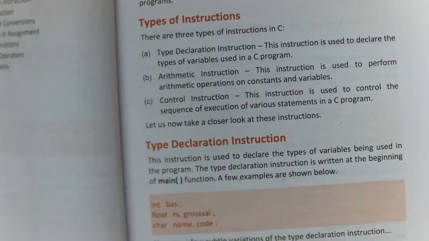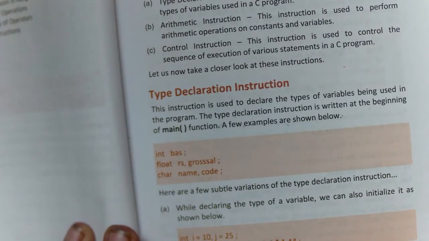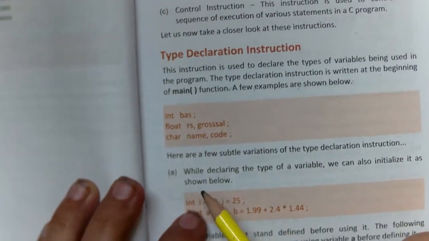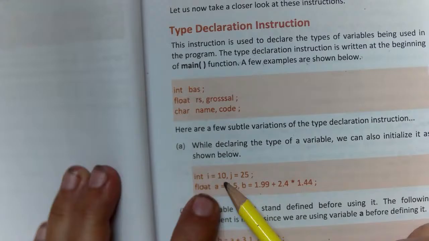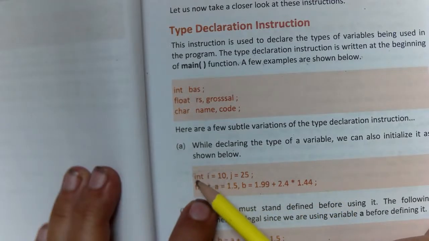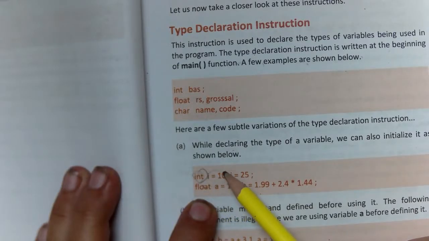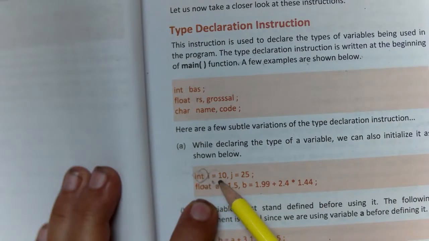While declaring the type of variable, we can also initialize it. See this, after int, i is equal to 10, we are also initializing it. While declaring the type as int, we can also initialize it, like we can say i is equal to 10, j is equal to 25.